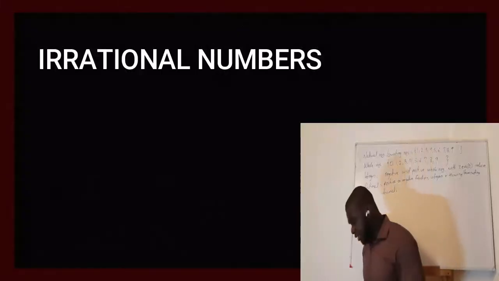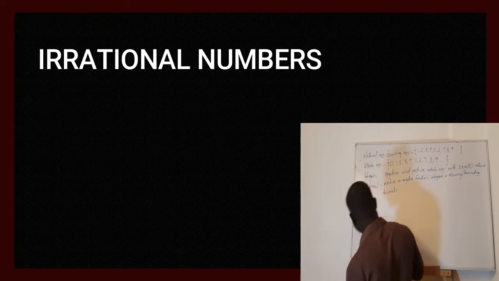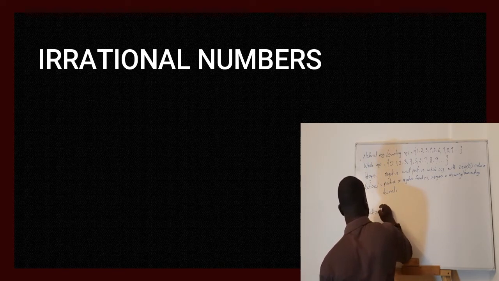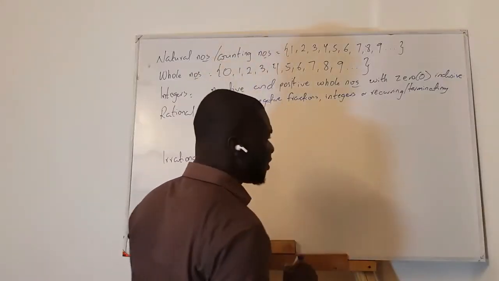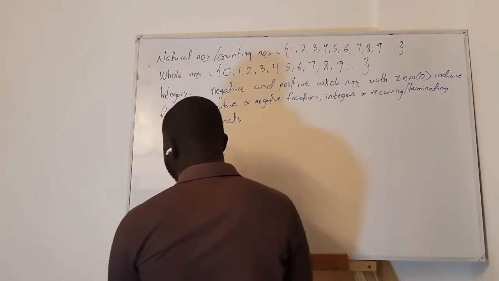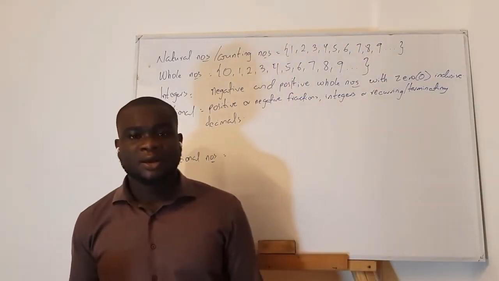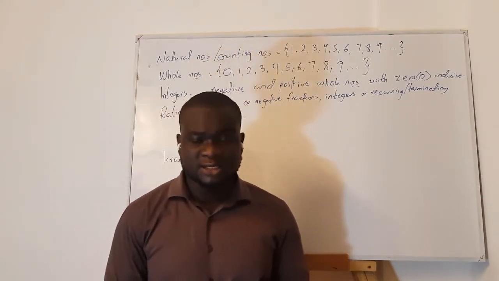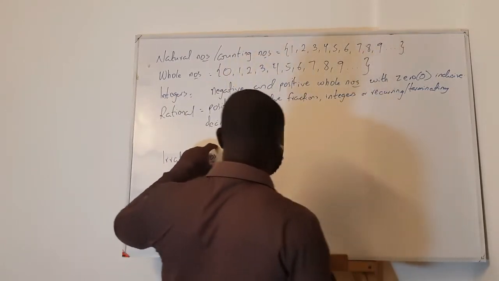Good. Let's talk about irrational numbers quickly. When we say an irrational number, what is it? Irrational numbers can't be represented as common fractions, all right. And why can't they be represented as common fractions?